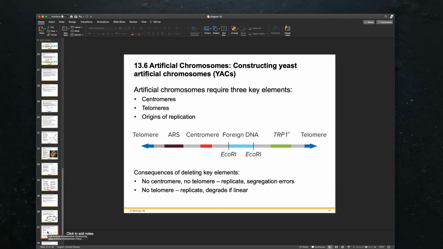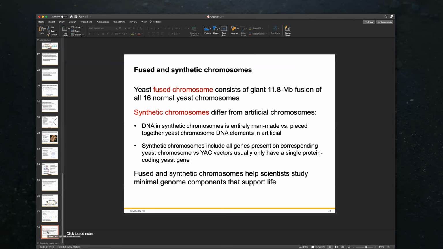If you have the centromere but no telomere, when it replicates it's going to degrade, if it's still linear, unless it's a plasmid or something. If it was a circle shape, then there aren't any telomeres, because there are no ends.